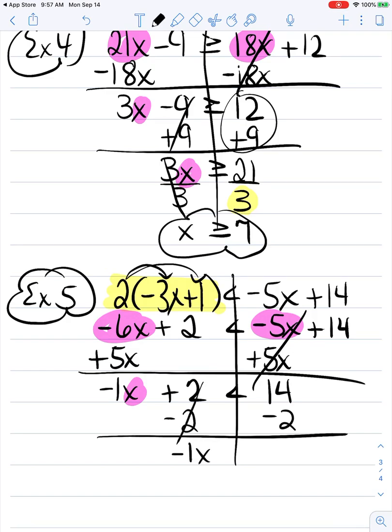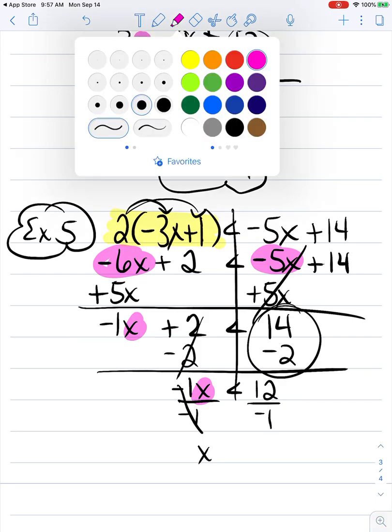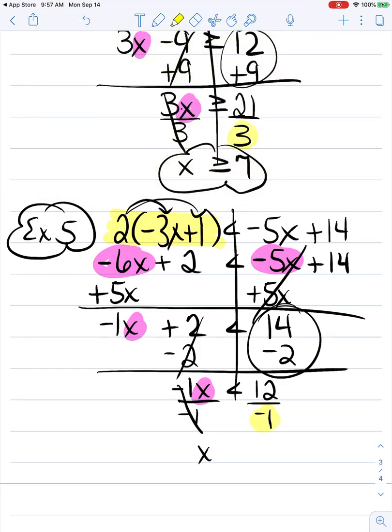Negative 1x is less than 14 take away 2 is 12. I still notice I need to divide both sides by negative 1. And remember, our final step is to decide, do I need to flip the inequality sign? And yes, I do, because I divided by a negative 1. So this is x is greater than, and 12 divided by negative 1 is negative 12.